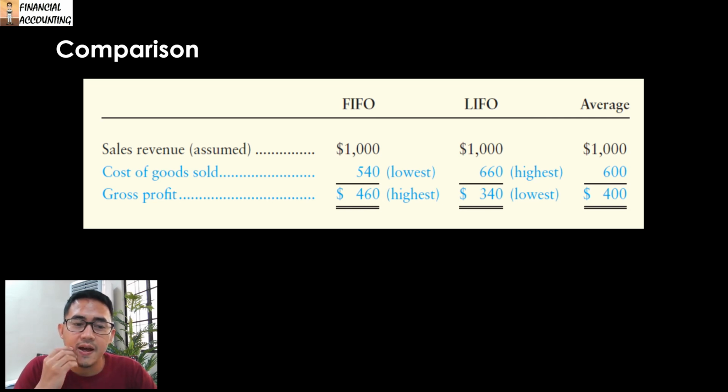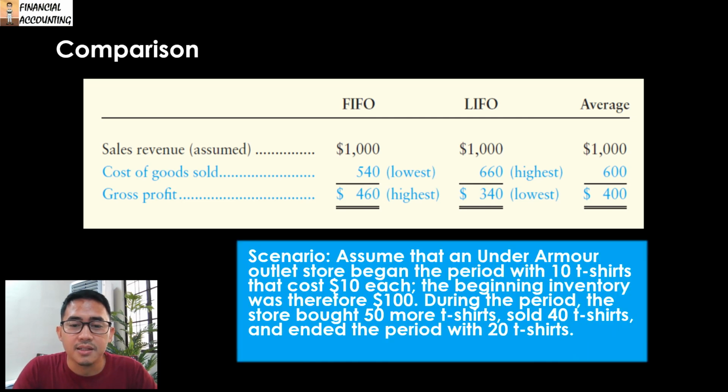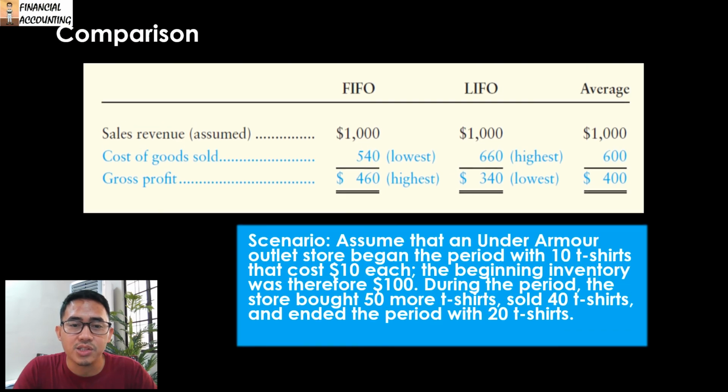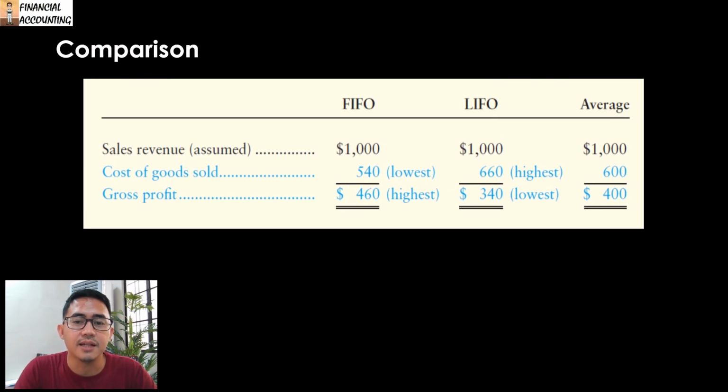This means that in this comparison, we will be able to see that if we are using FIFO and the prices are increasing, because in our example the prices are increasing, we are having our gross profit at its highest and our cost of goods sold at its lowest.